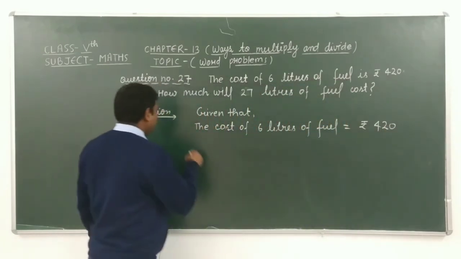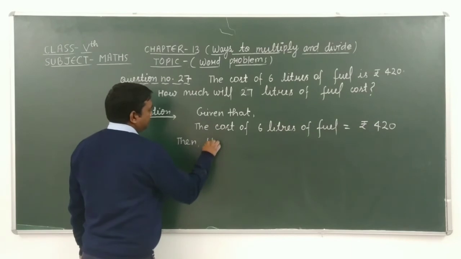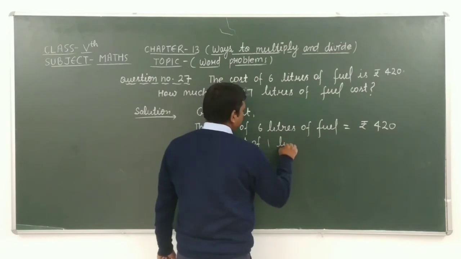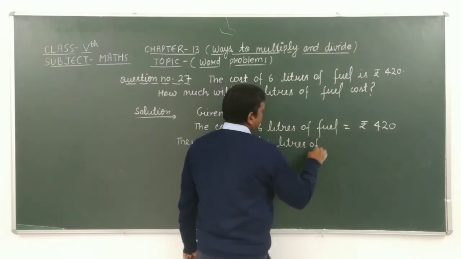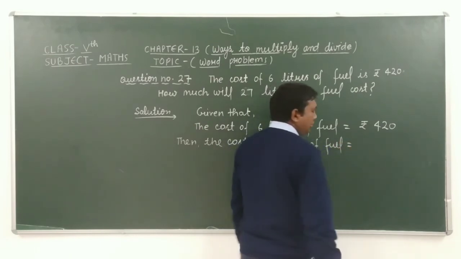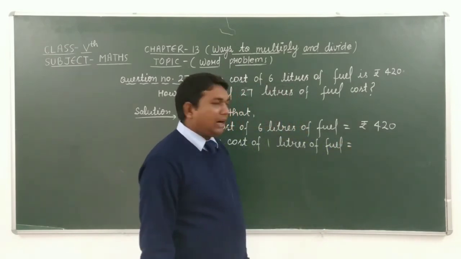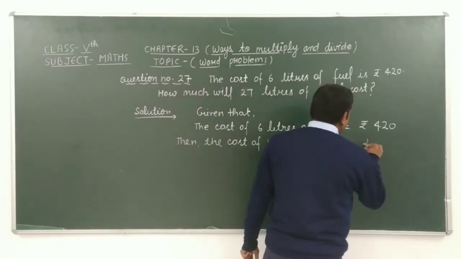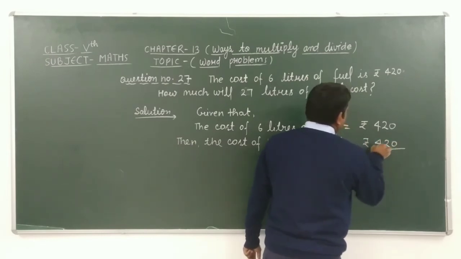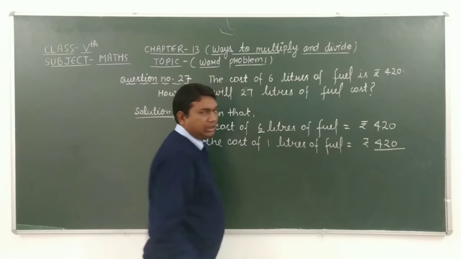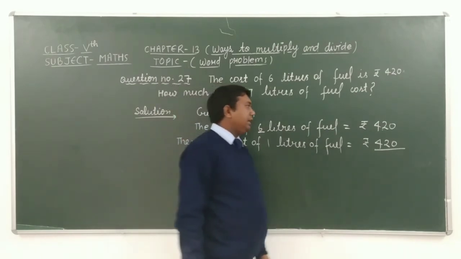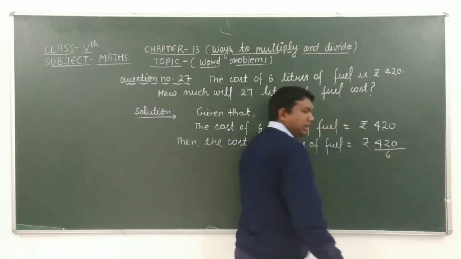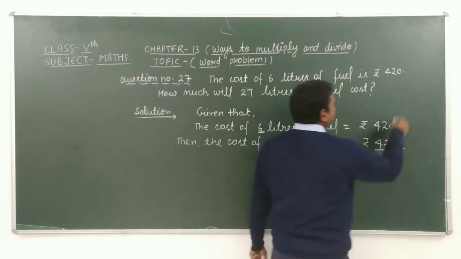Then the cost of 1 liter of fuel is equal to, dear students, for finding the cost of 1 liter of fuel we apply the division of this by this. It means that here we have to take the division of 420 by 6.